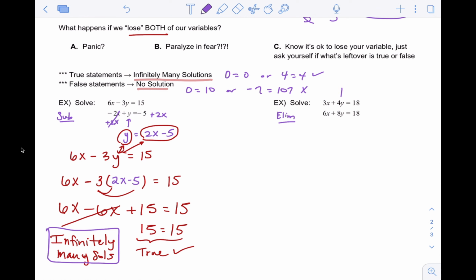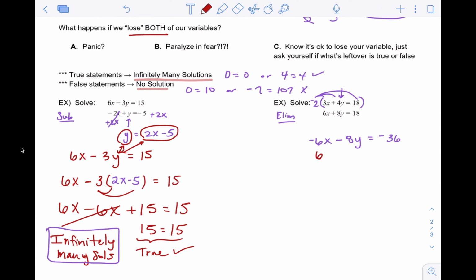So if we choose to eliminate y, that means I need to figure out how to turn a 4y and an 8y into the same number but opposite signs. Well, if I multiply the top equation by negative 2, I'm going to distribute that through, and we have negative 6x minus 8y equals negative 36.